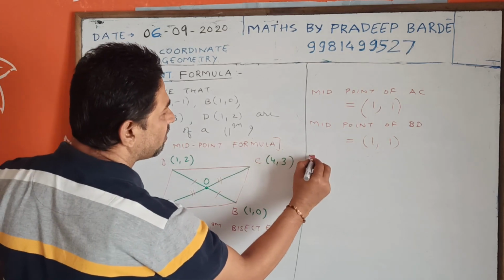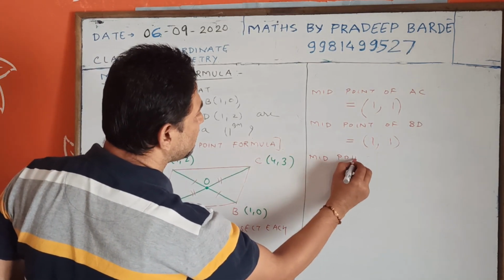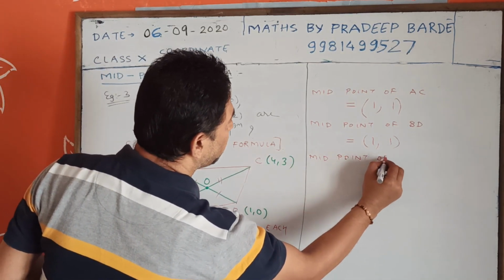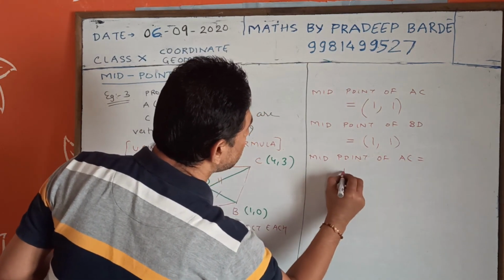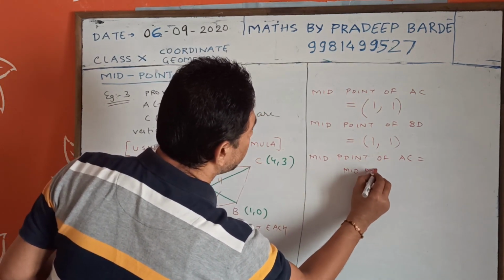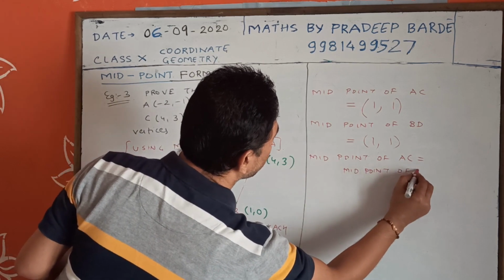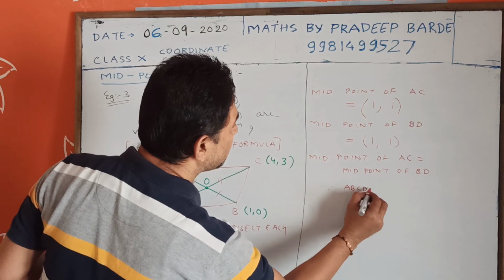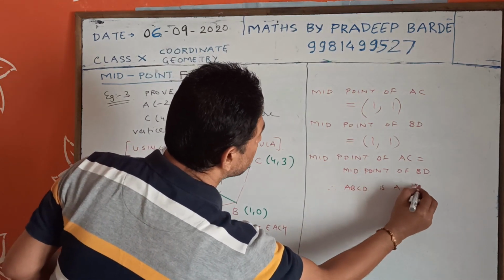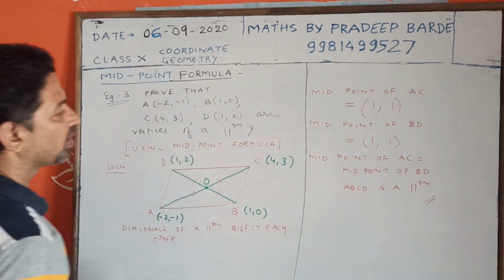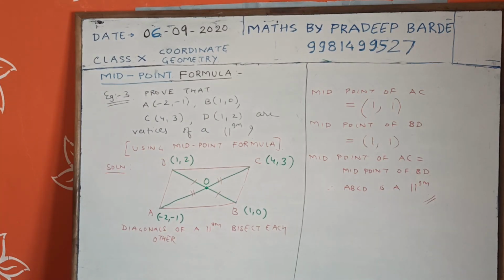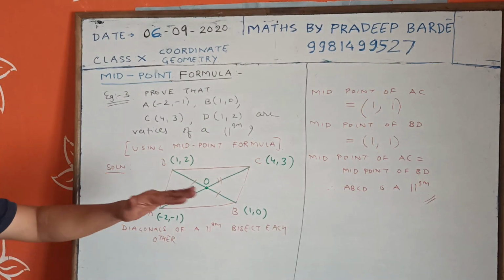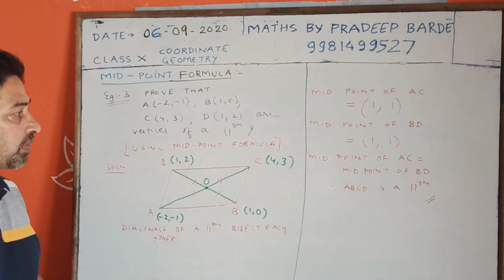So we say that midpoint of AC is equal to midpoint of BD, therefore ABCD is a parallelogram.